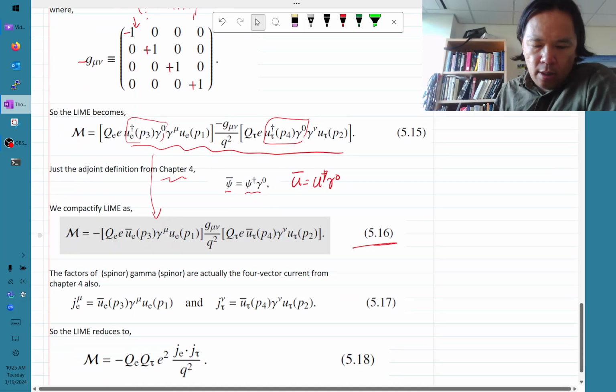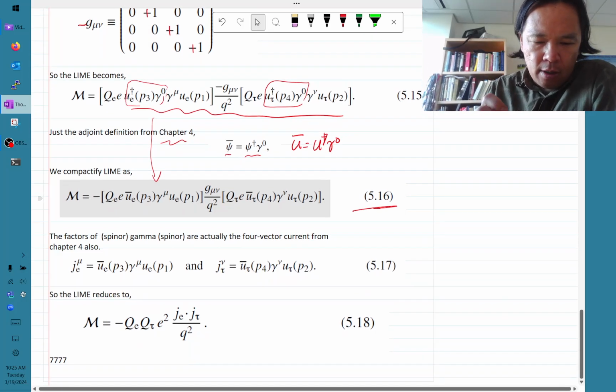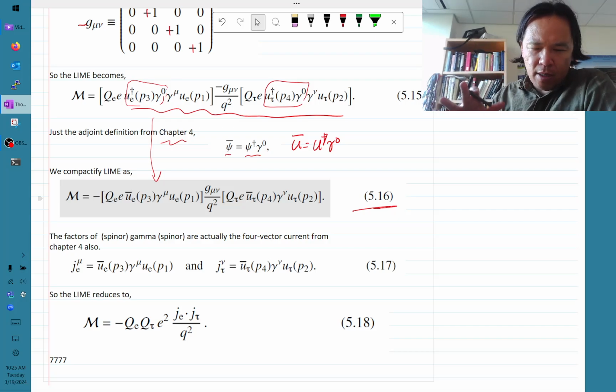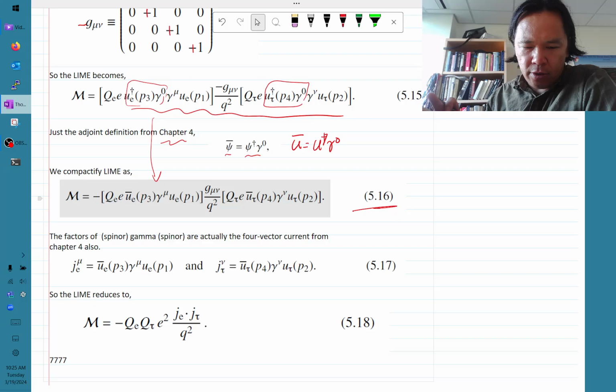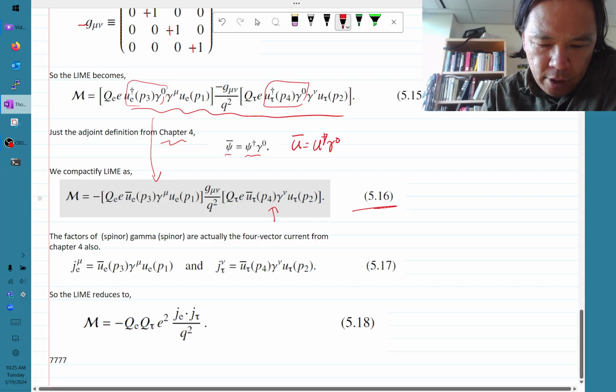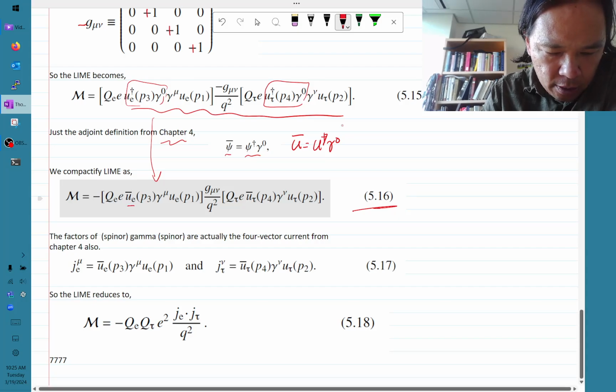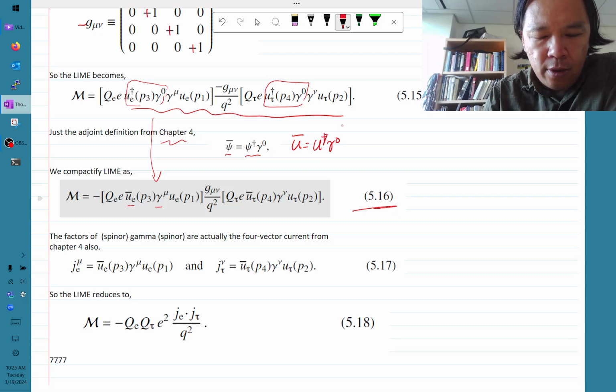Another simplification, which adds additional steps, but might hide a lot of the information that you may want to have out in front of you, with all these factors, is that you can rewrite this piece here, this U adjoint gamma mu and then U of the incoming particle, as a current.